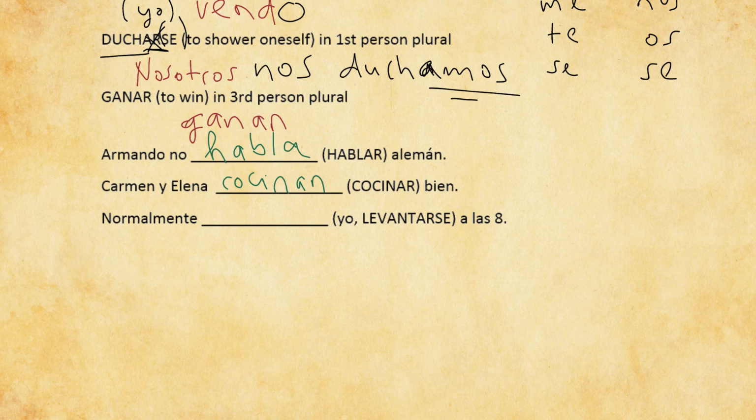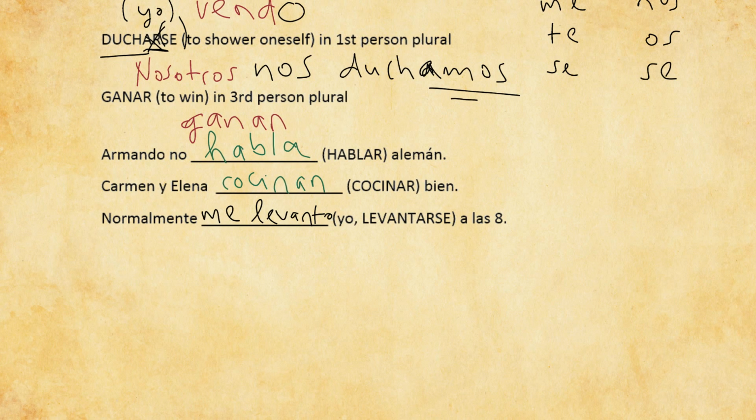So normalmente, me will be the beginning, and the levantar again is an AR ending verb. The correct suffix for the first person is o. So normalmente me levanto a las 8. And the sentence means normally I get up at 8 o'clock. And I don't think I translated this one. It means Armando does not speak German.